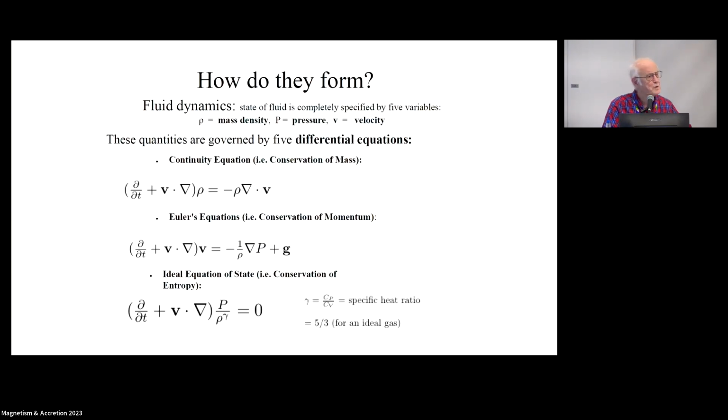I'll give you a simplified discussion of how these form. The initial theory was done analytically, and the basic equations are the continuity equation, the Euler equation, and a constant entropy equation.